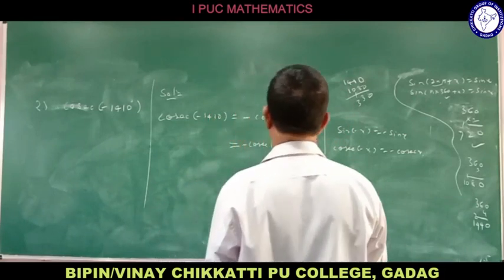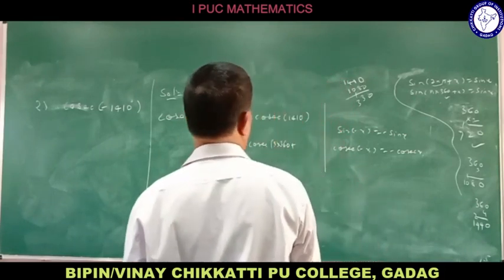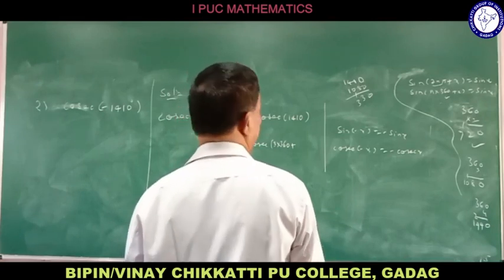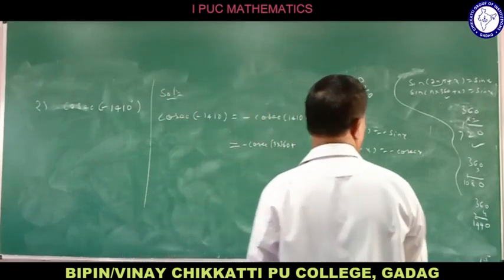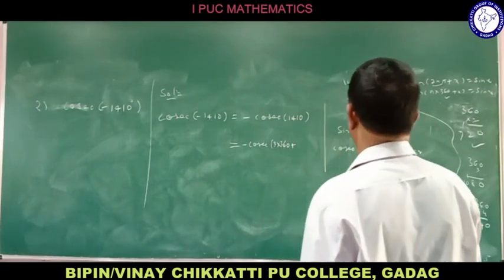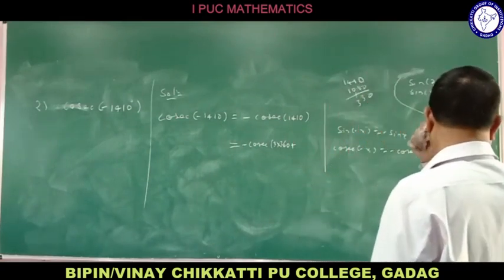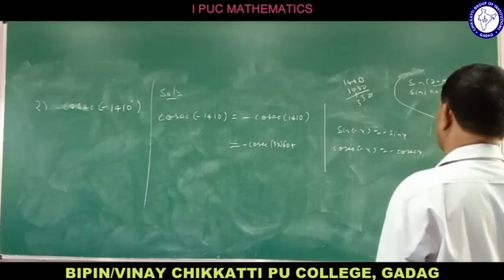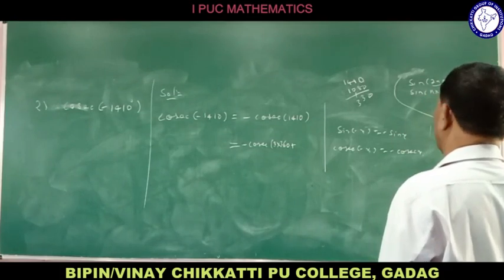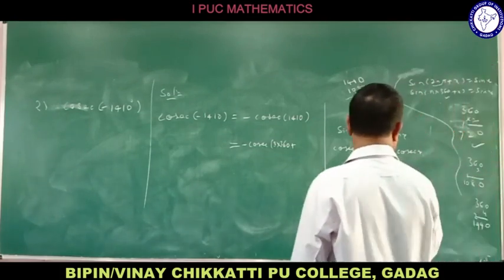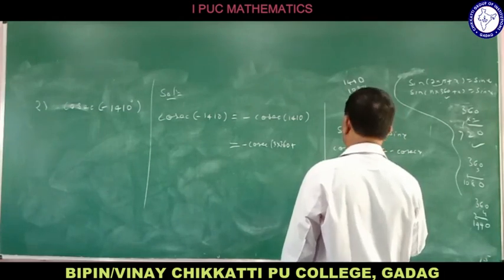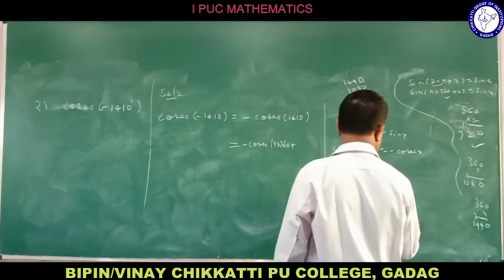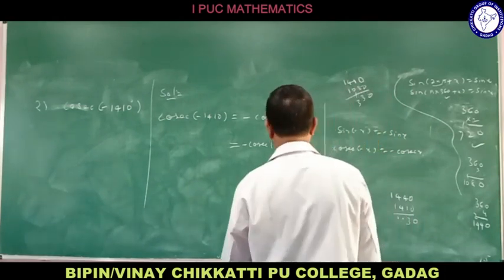Even if I take minus 360 plus 1410, that is quite simple, you have to add it. 1440 minus 1410 gives 30.